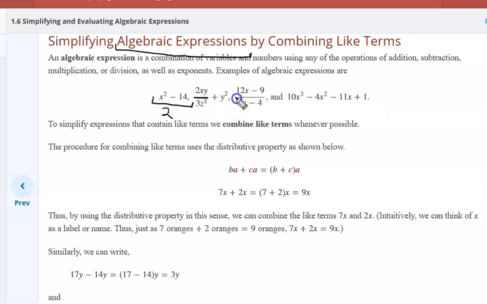Now, this one is just division bar grouping them together. Now, on the numerator part, there are two terms. In the denominator part, there are two terms. But because of this unifying grouping symbol, the division bar, this is considered just one term.